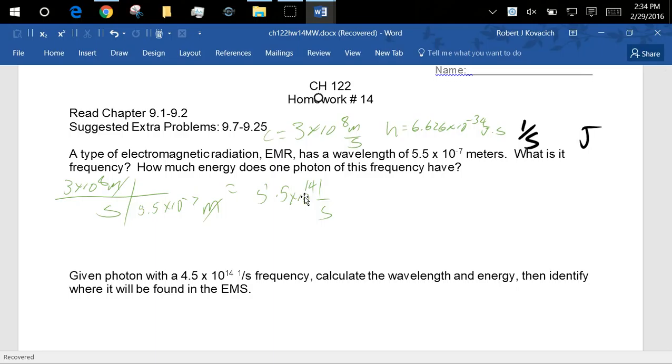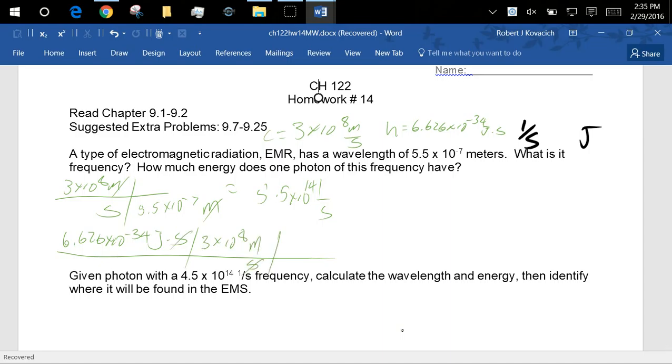Okay. So the next one I want joules as my answer. So I'm just going to go ahead and start with the only thing that has joules, which is this 6.626 times 10 to the negative 34th joules times seconds. I'm going to get rid of that seconds by doing 3 times 10 to the 8th meters per second.